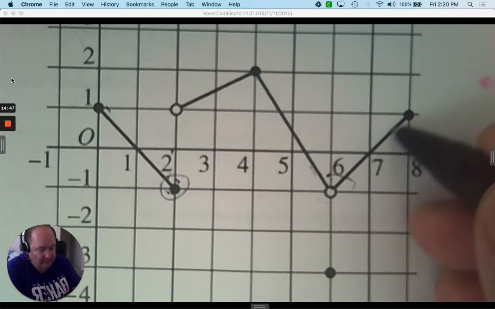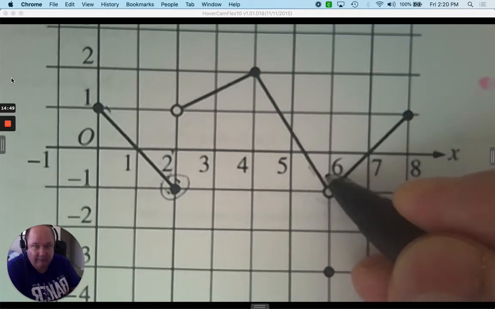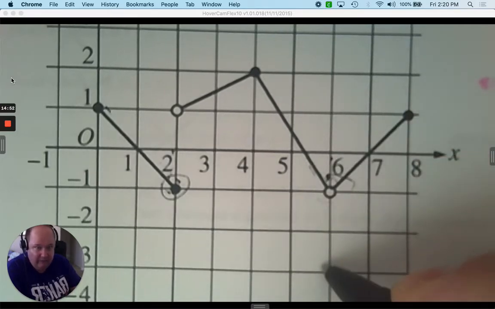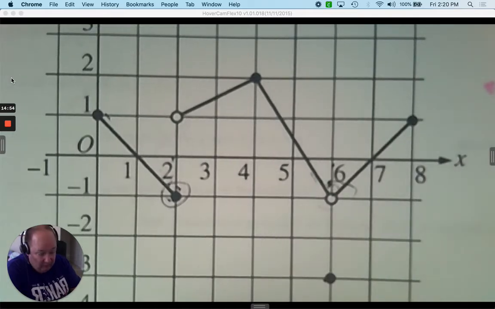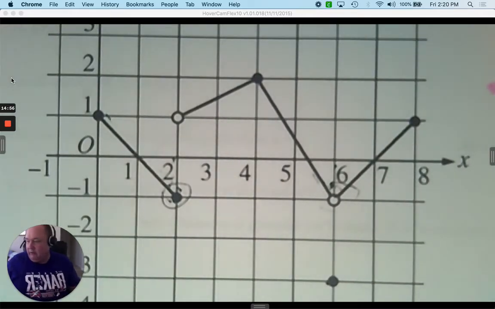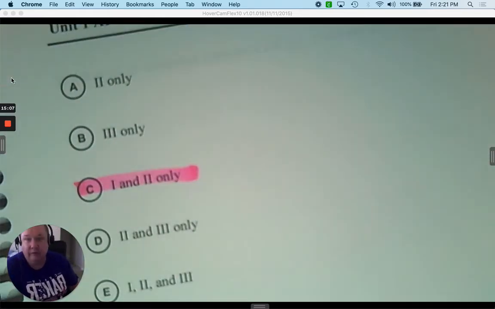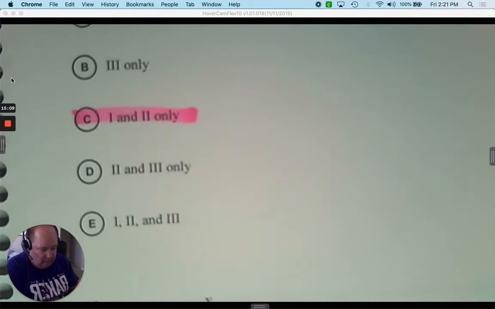Well, the limit value is -1, but the actual value of the function is down here at -3. So I don't agree with 3, but I do agree with 1 and 2. There's your answer. 1 and 2 only are the true statements. A.